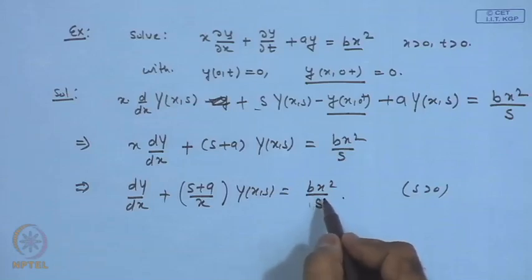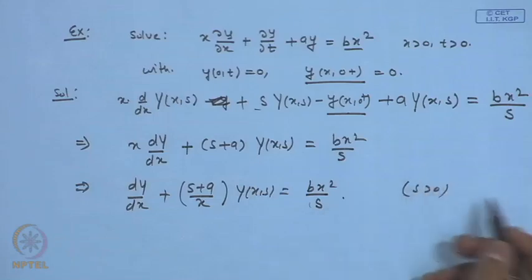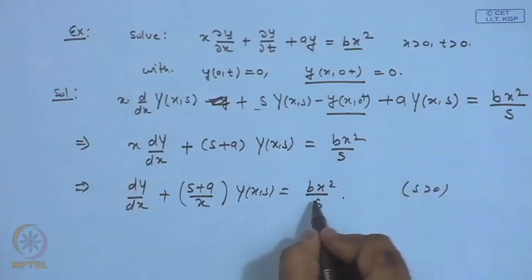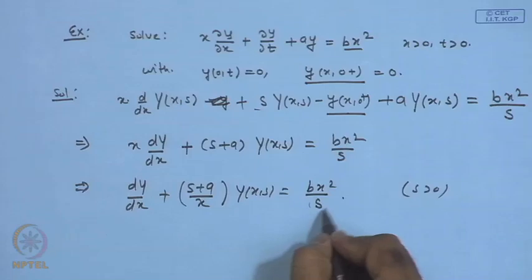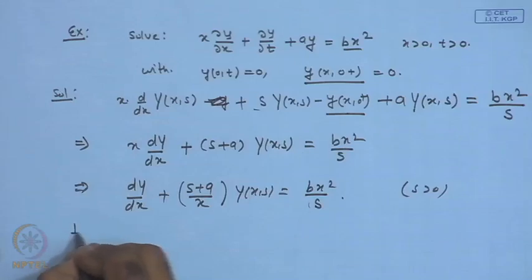In any case, if some other stuff appears here, for example s minus 2, we can take this s sufficiently large. So, there is no problem while dividing by s or any other term which contains s.